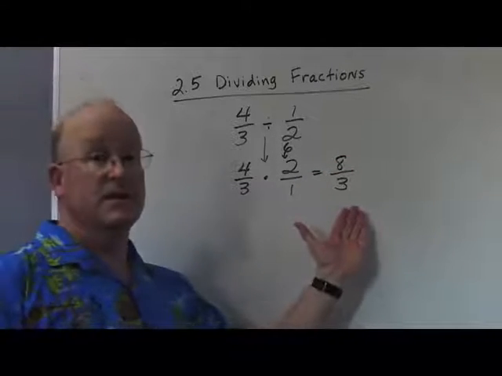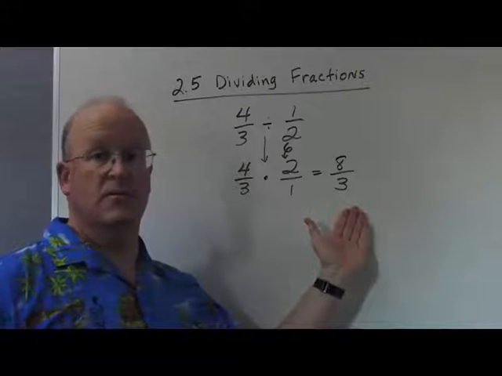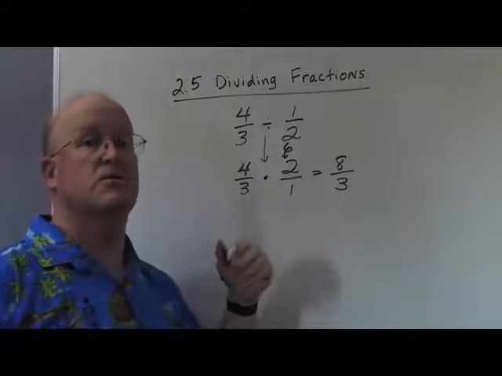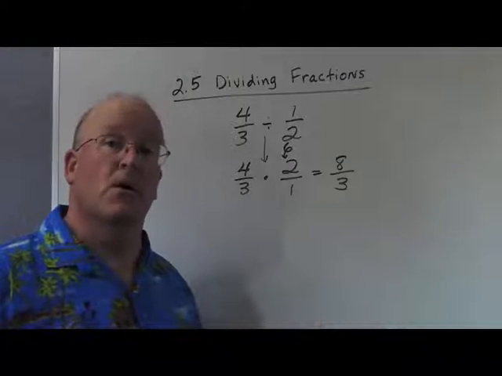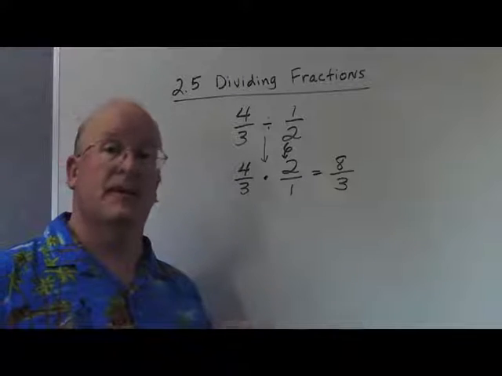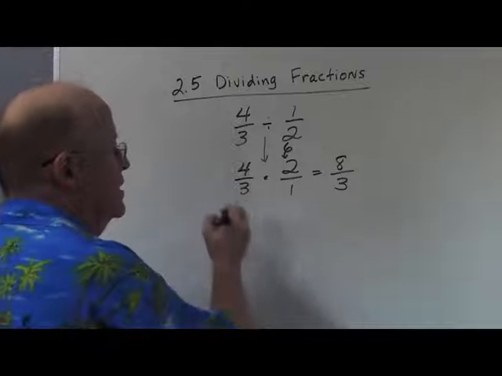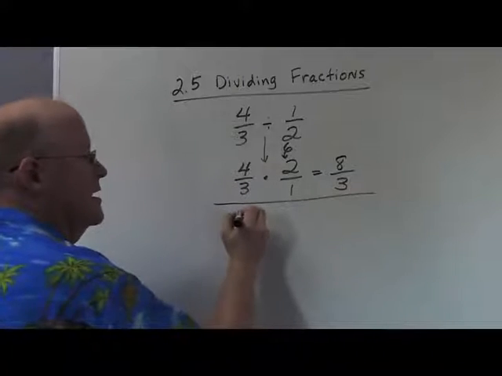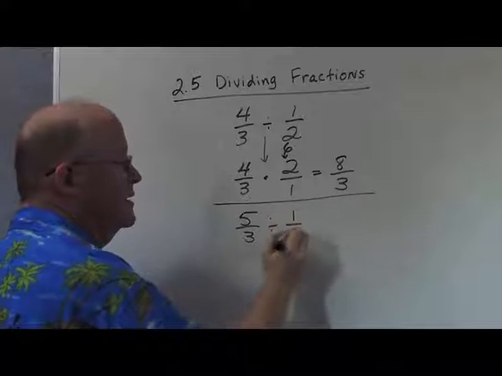Now I'm going to leave this as an improper fraction. There's no reason to convert that into a mixed number. The problem didn't begin with mixed numbers, and as you move on to your algebra classes, you'd prefer not to. Only convert that to a mixed number if the directions specifically tell you to do so. Let's do another. Let's say we have 5/3 being divided by 1/8.